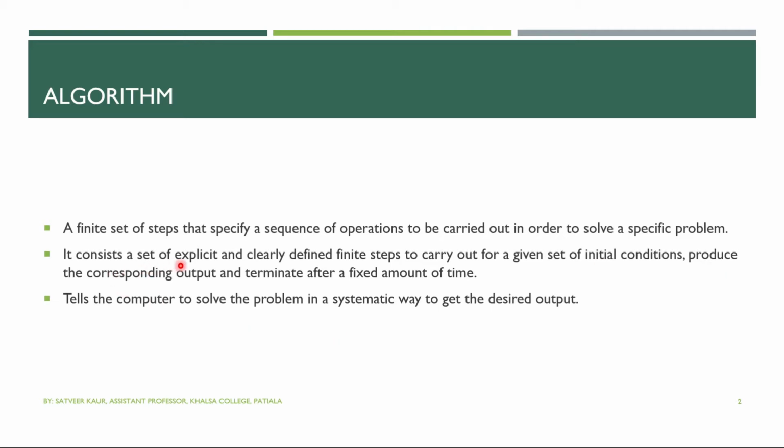It consists of a set of explicit and clearly defined finite steps to carry out for a given set of initial conditions, produce the corresponding output and terminate after a fixed amount of time. It tells the computer to solve the problem in a systematic way to get the desired output.